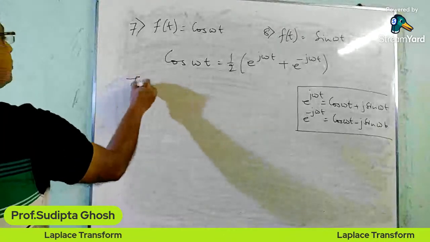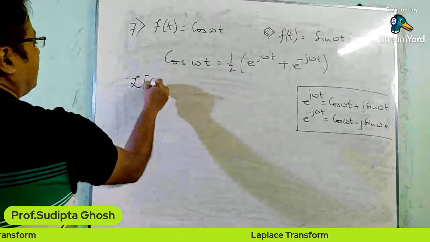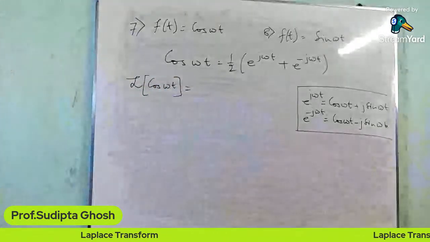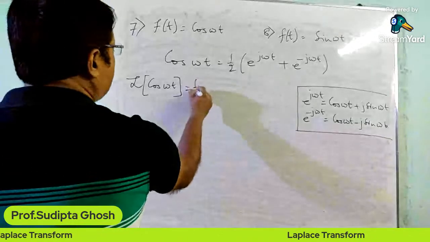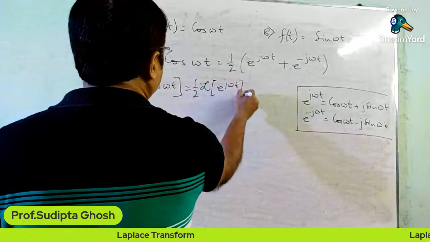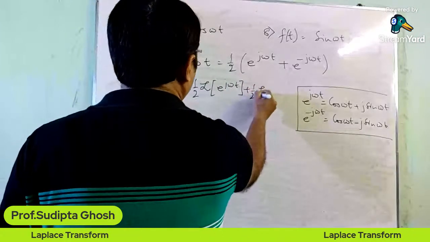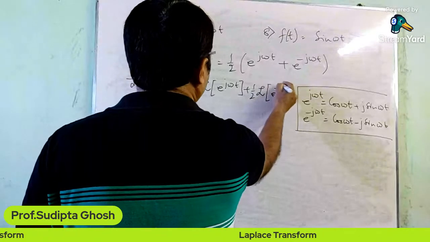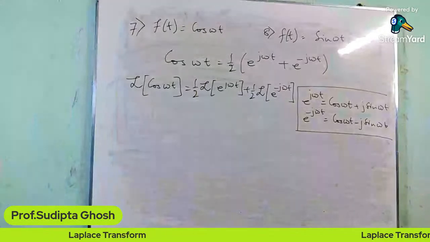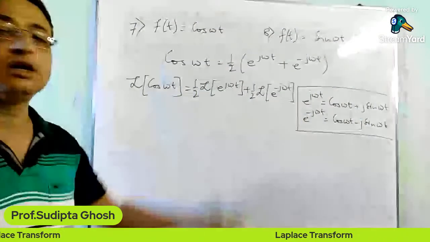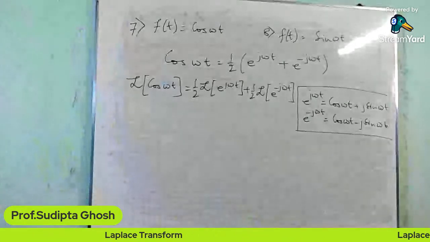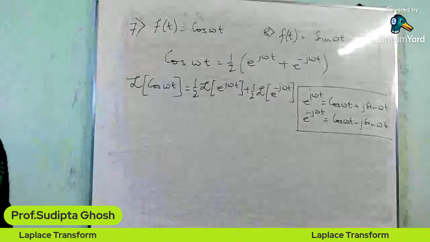By using again the Laplace transformation property of linear combinations, we can write this as half of the Laplace transformation of e to the power j omega t plus half of the Laplace transform of e to the power minus j omega t. And we are all familiar with the Laplace transformation of e to the power alpha t. Here alpha actually is j omega.